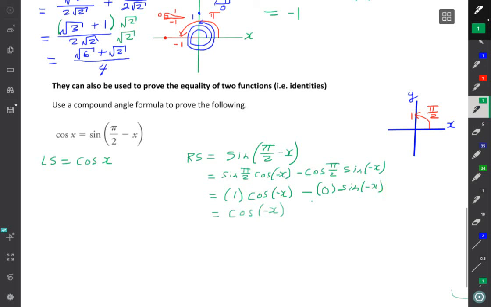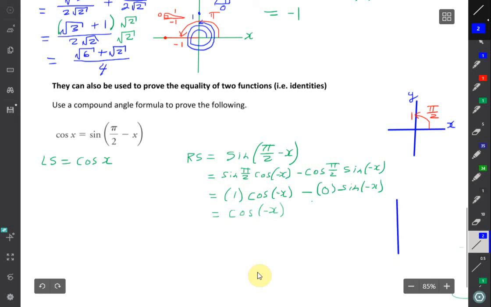Now these two expressions are not completely identical yet. We have a minus x in front of the cosine. So in order to deal with that, we're going to use our knowledge of what this ratio looks like when it's graphed. So we're going to take a moment and just graph a cos curve. And so we're just going to do a quick sketch here.